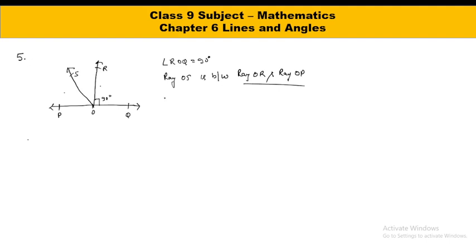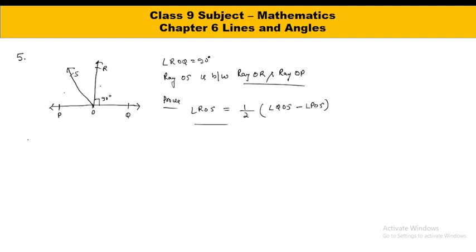Then we need to prove that angle ROS is equal to half of this particular subtraction, that is QOS minus POS.